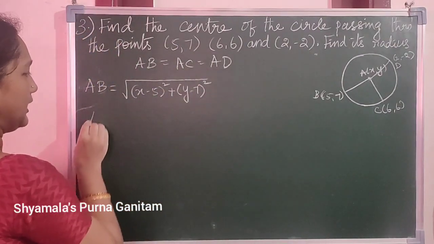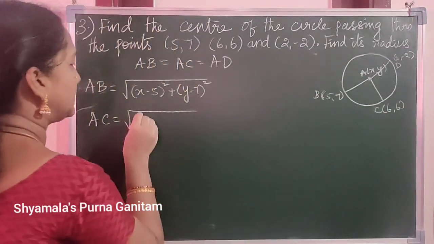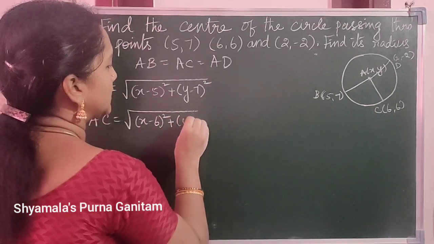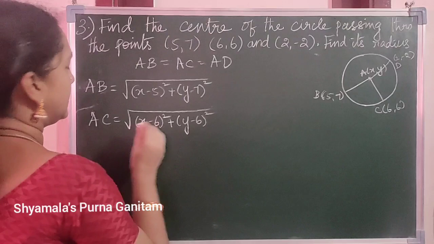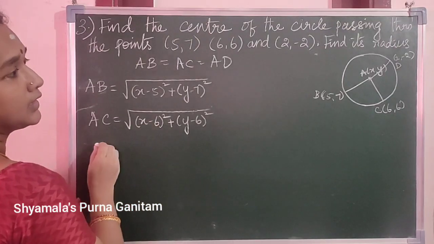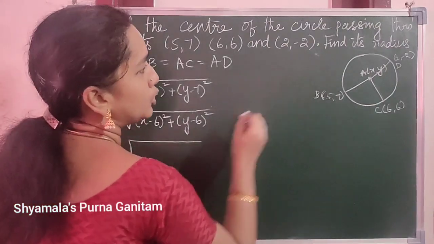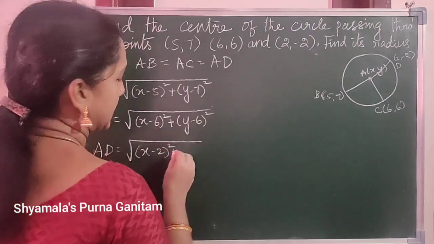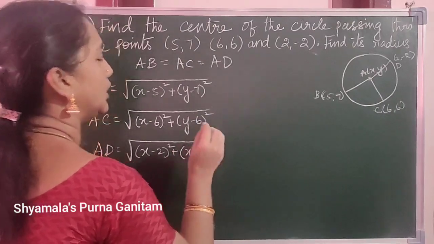Then AC will be root of x minus 6 the whole square plus y minus 6 the whole square. This is AC. Sorry, AD is equal to root of x minus 2 the whole square plus y plus 2 the whole square, so minus of minus, y plus 2 the whole square.